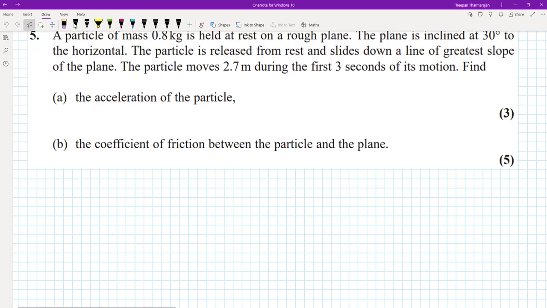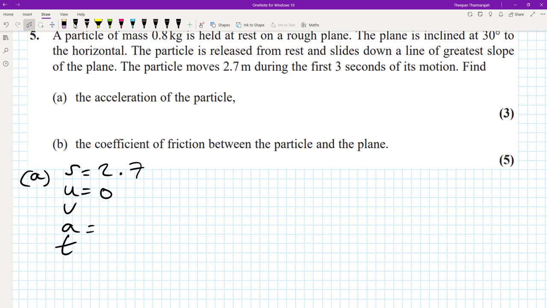So for part A, we're going to do a suvat. So we know it moves a displacement of 2.7 meters. It starts from rest, so u is 0. We need to work out the acceleration, and the time is 3 seconds.